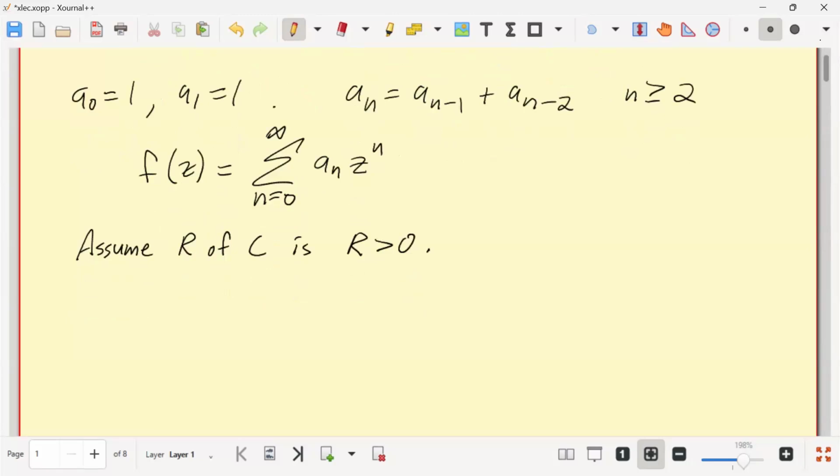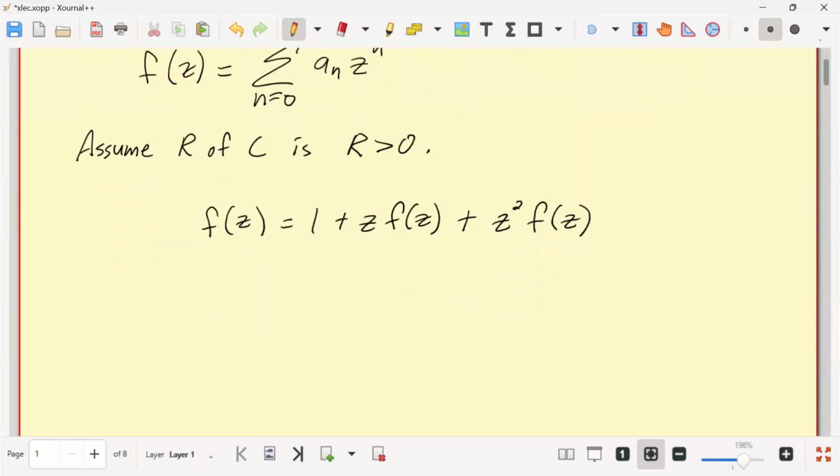We realized that the recursion formula for the Fibonacci numbers implied that f of z equals 1 plus z times f of z plus z squared times f of z. I did this early in the semester carefully and worked out all the details. So if that thing does converge to an analytic function, it would satisfy that equation inside the radius of convergence.